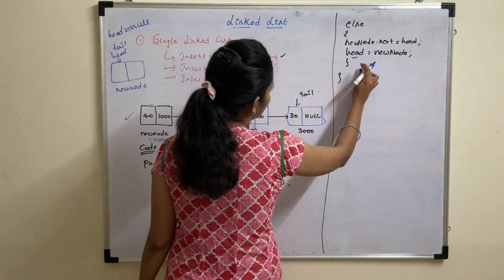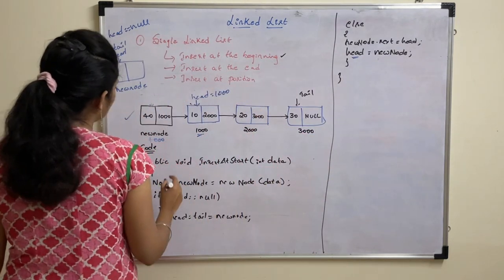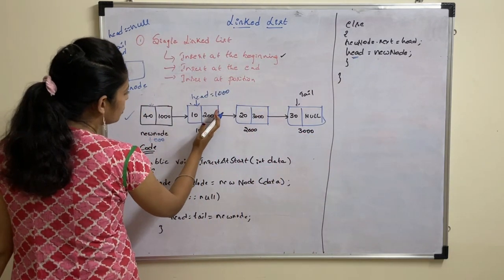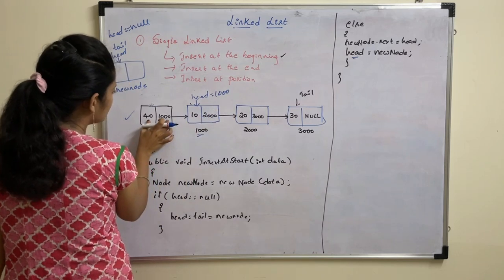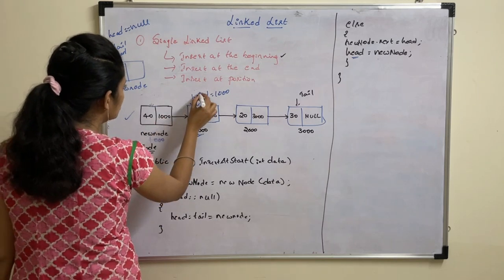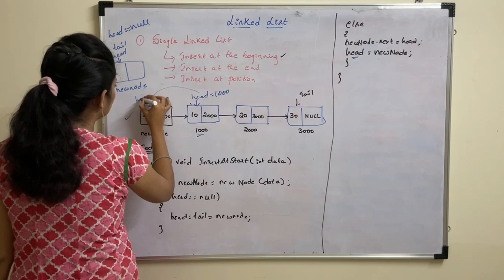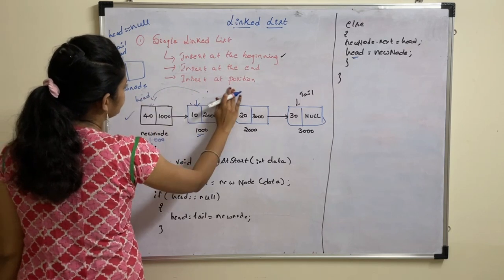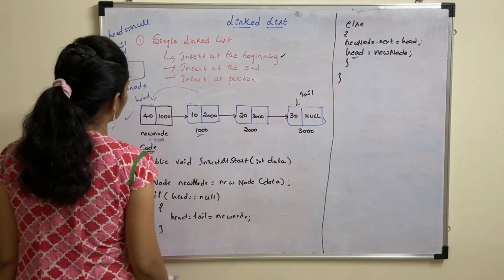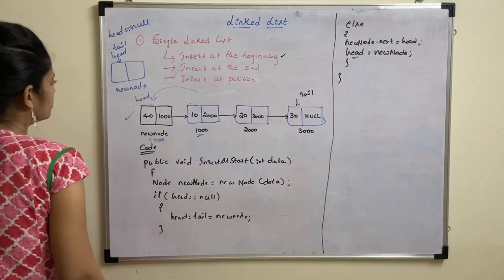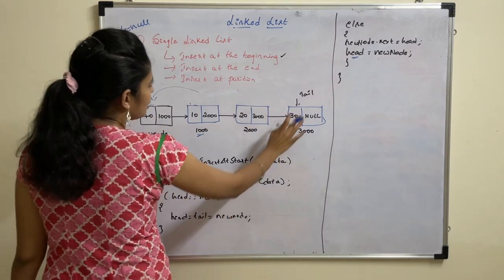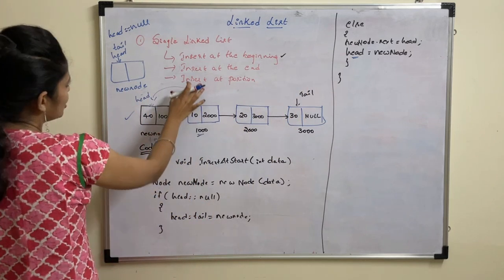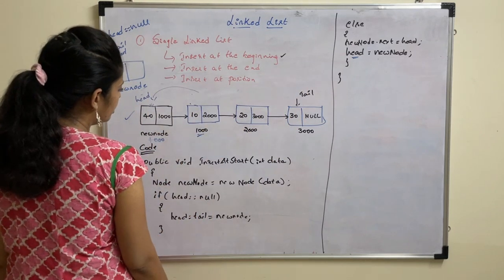The next second point is head equal to new node. Now head should not point to the second node, as we already placed one new node at the beginning. So you need to change this head to the new node, as head should point to the first node only. So this is the code for insertion at the beginning.